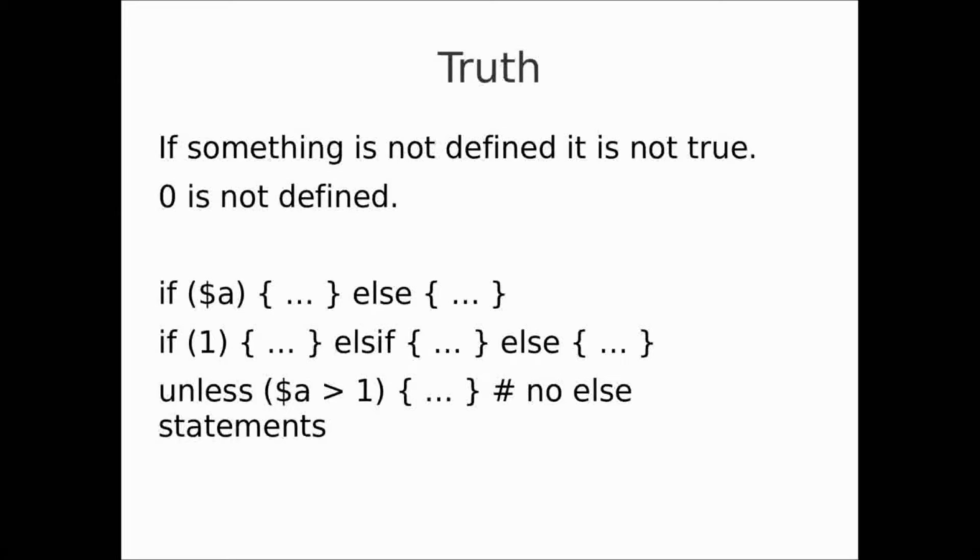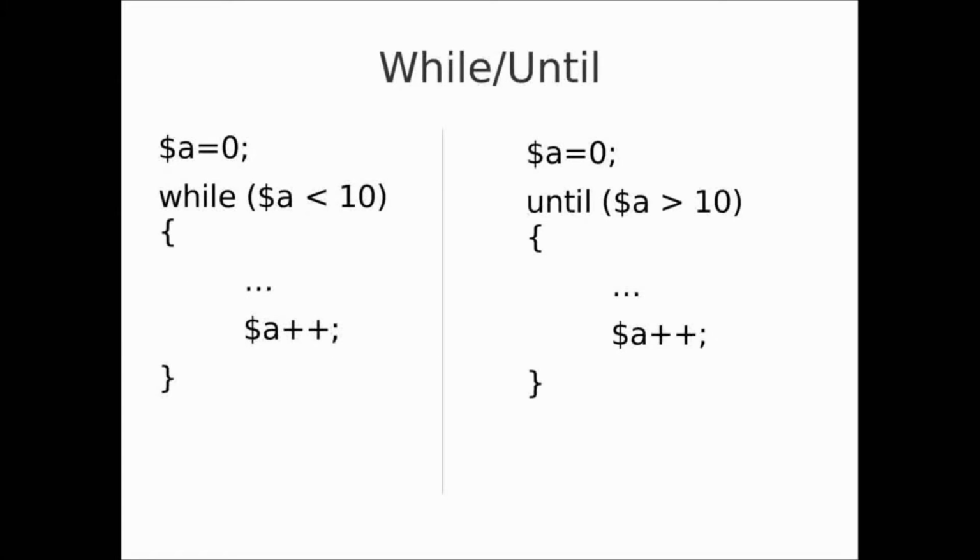Similar kinds of statements. I have while and until statements that operate just as you would expect. $A equals 0, while $A is less than 10, keep adding to $A. $A is equal to 0 until $A is greater than 10. Keep adding to $A. So while and until.